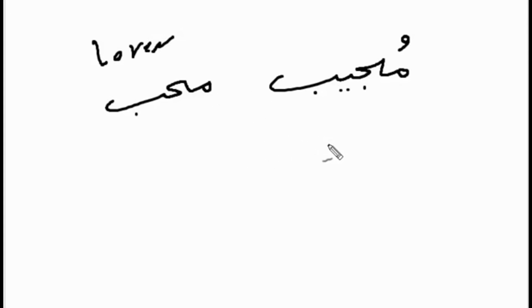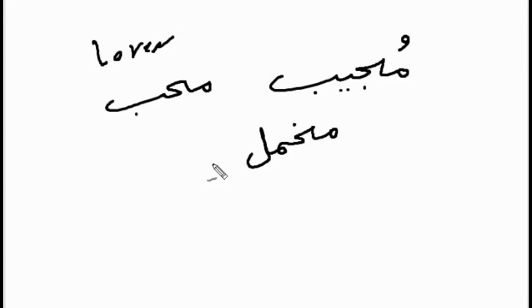What about the letter kha in the middle? مخمل. Makhmal is a kind of fabric with small, little hairy things in it, which is very soft. I'm not sure what they call it in English.